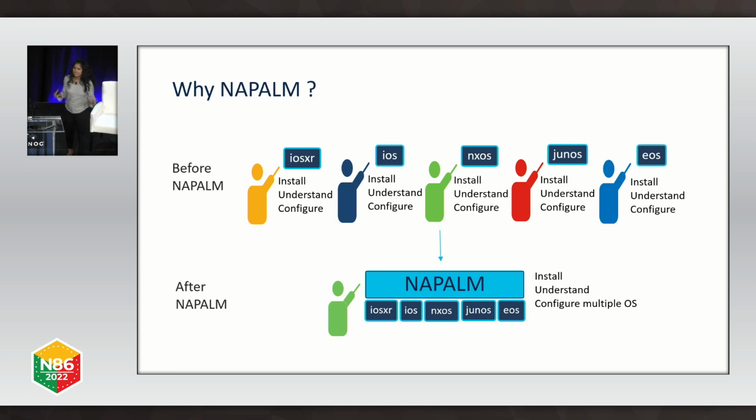Instead, you can just have one network engineer use Napalm, and Napalm supports multiple vendors, so you can just understand Napalm, write a single code, and use it to execute on multiple vendors and configure all the devices.